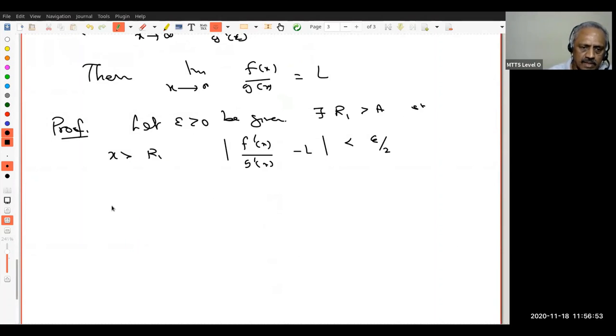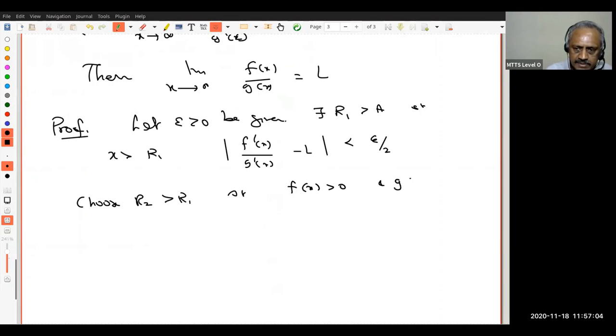Next, I choose an R2, assume greater than R1, so that f(x) is positive and g(x) is also positive. Can I do that? This is possible because limit as x tends to infinity of f(x) is infinity.